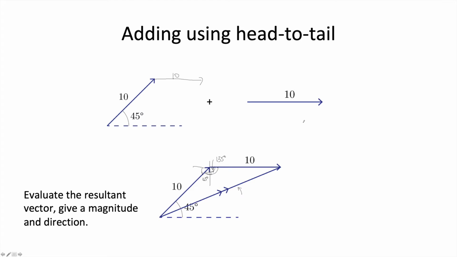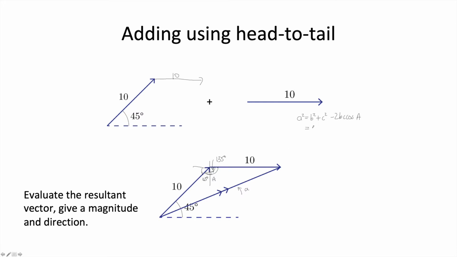And so using our cosine rule, we've got a squared is equal to b squared plus c squared minus 2bc cos A. And so this is our angle A, and this is side a. And we've got sides b and c.